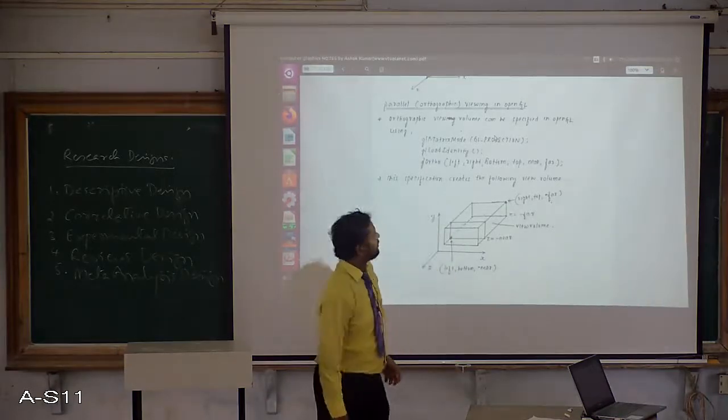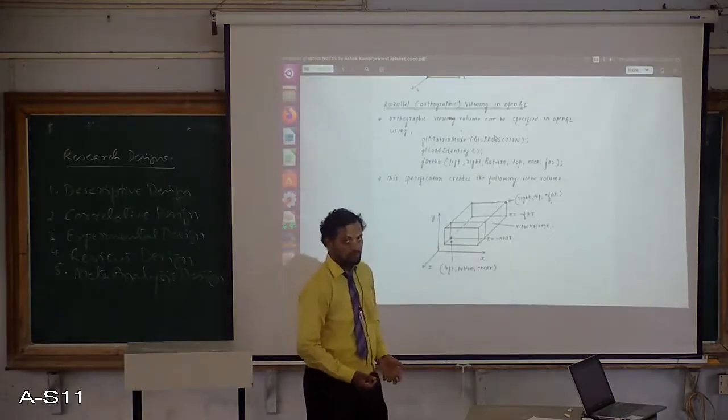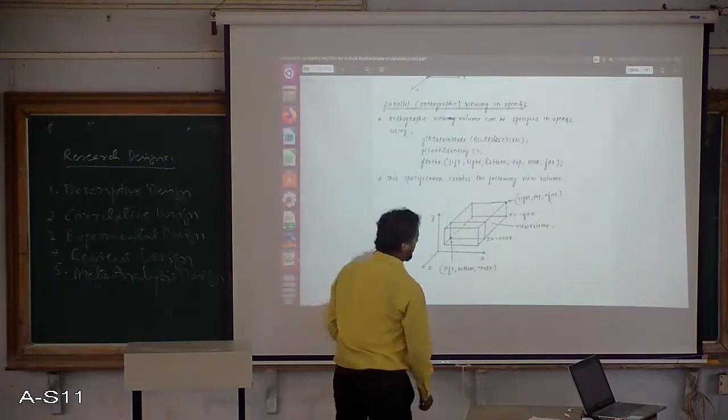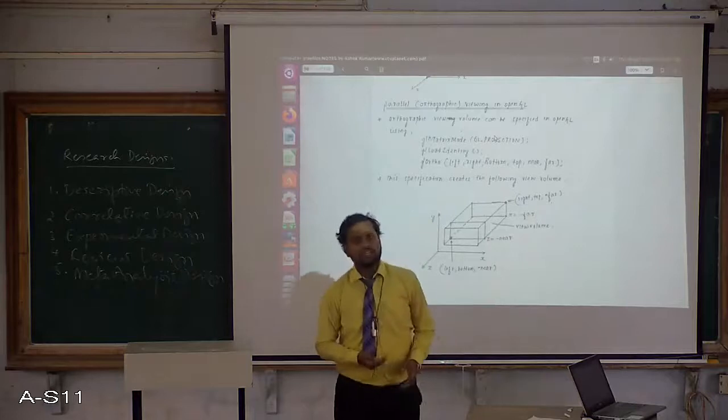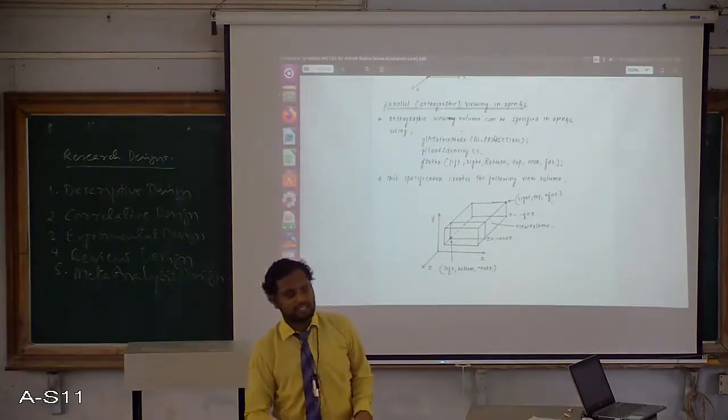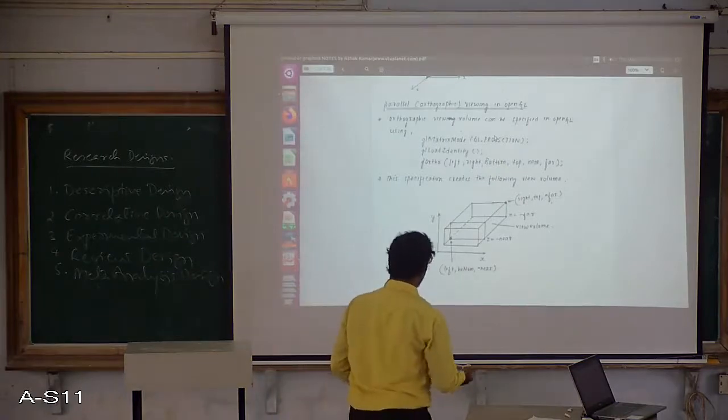There are also functions like gluOrtho2D; there are many functions related to ortho. I think they are used in your CG lab programs.